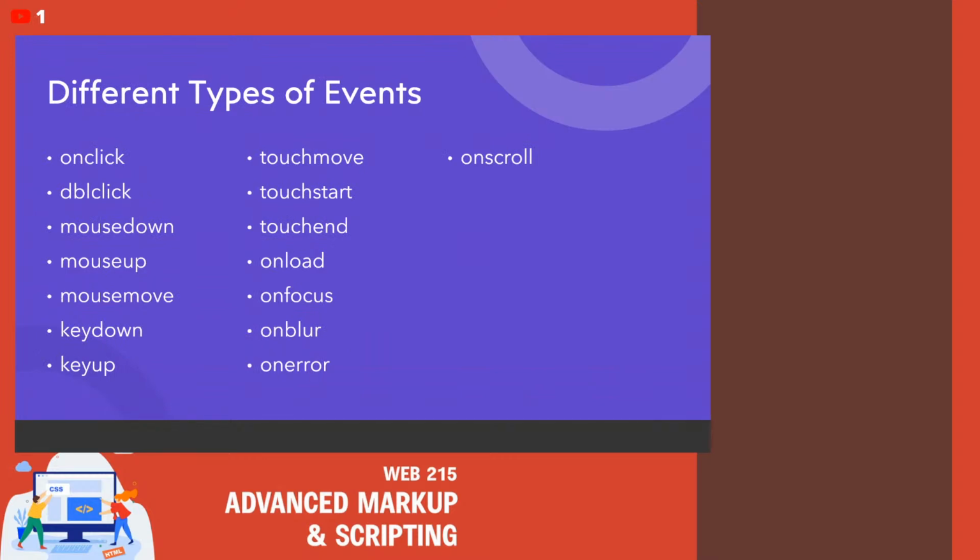These are just some of the events that we can deal with, right? And some of these are also listed in your module. We see on click, double click, mouse down, mouse up, key down, key up, touch move, touch start, touch end, on load, on focus, on blur, on error, on scroll.